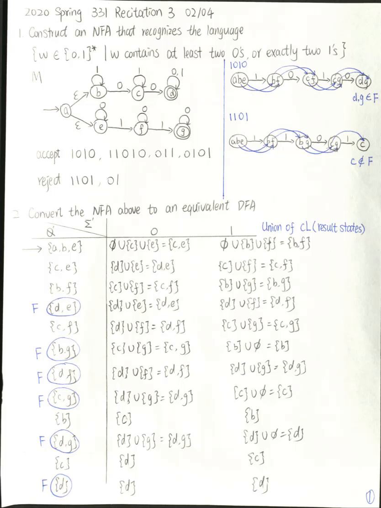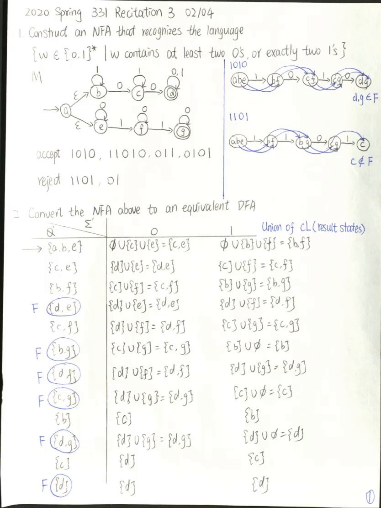Starting from a state in the left column, reading a symbol, either 0 or 1, you compute the resulting states that can be reached from each state in that set.